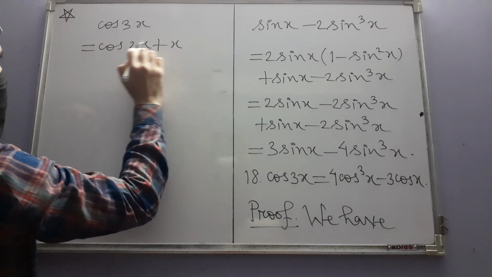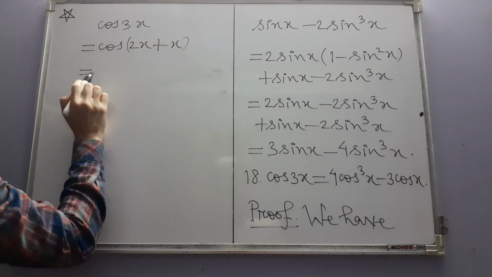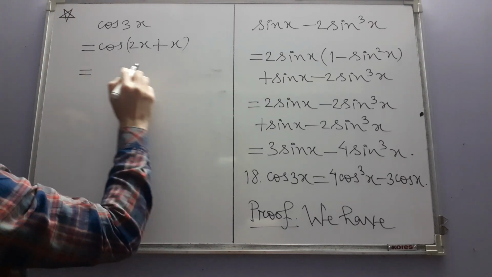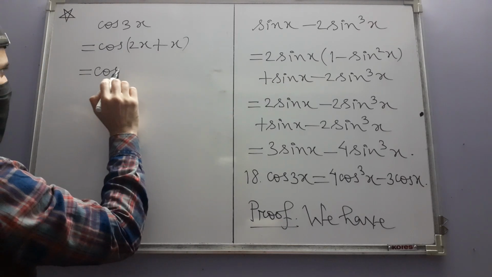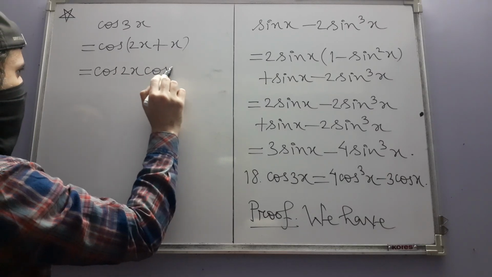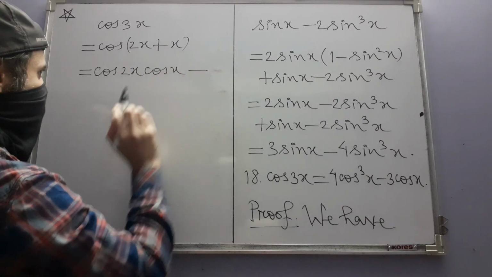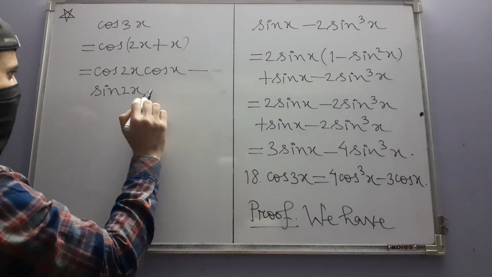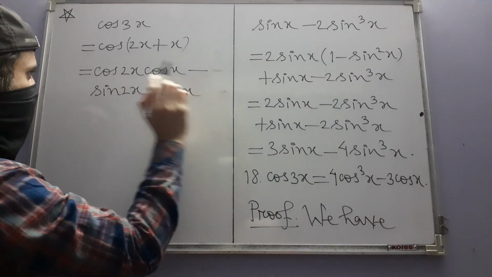Cos 2x plus x. The expansion of cosine has like terms together. Cos, sine, sine. Cos 2x, cos x, and sign changes, plus becomes minus. Minus sin 2x, sin x.